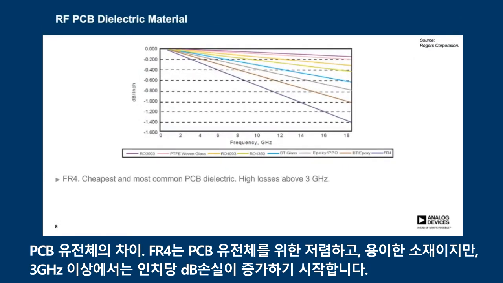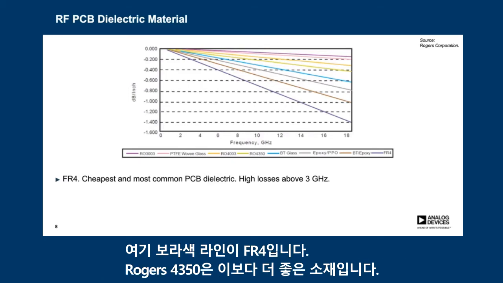Difference in PCB dielectric materials. So FR4 is the cheap and cheerful material for a PCB dielectric. But above 3 gigahertz, we find that the losses of this, in dB per inch, begin to increase. So you can see the purple line here is for FR4. Rogers 4350 is a better material.